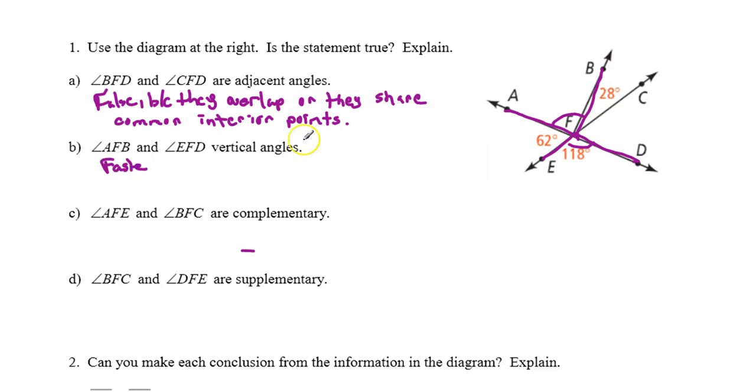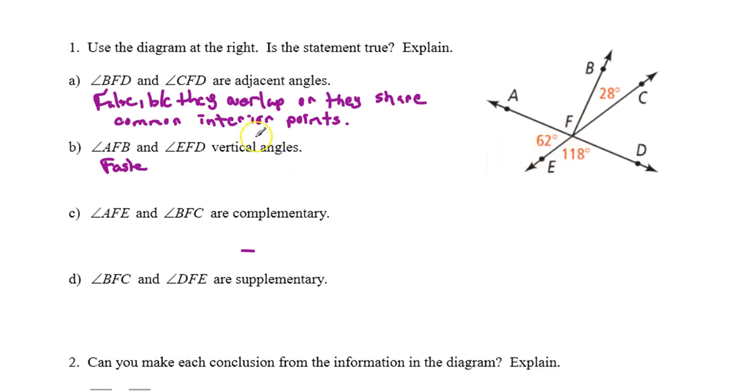Okay? And the reason is, my drawing mucked it up a little bit, so let me show you here, that this angle is not on the same line right here. So we have the line AFD going through and BFE.